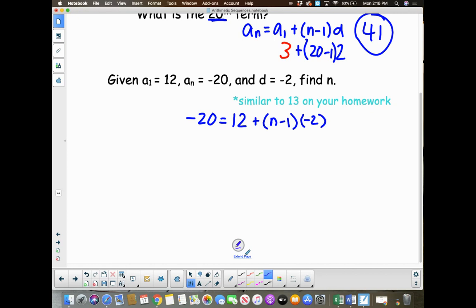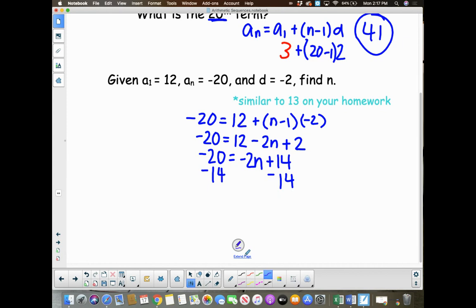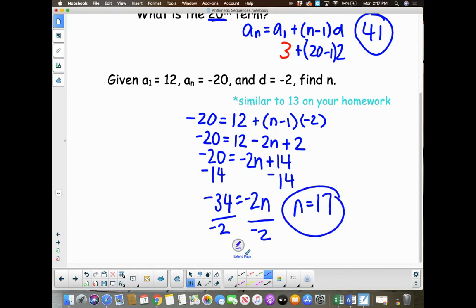Okay, so from there, I can just solve an equation like I have done in all of my classes leading up to this one. So the 17th term of the sequence is negative 20.